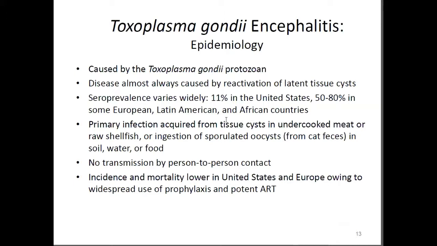Primary infection is acquired from tissue cysts in undercooked meat or raw shellfish, or ingestion of sporulated oocysts in soil, water, or food. There's no documented transmission from person to person, and the incidence and mortality rates are lower in the US and Europe because of the widespread use of prophylaxis and because of potent ART.